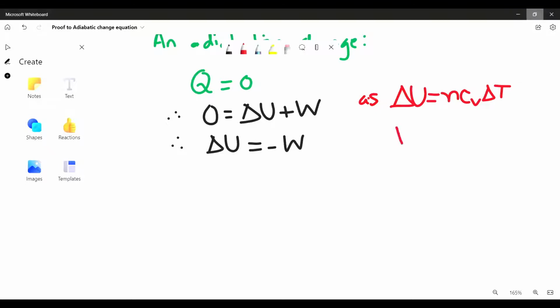And we know the work done is, of course, the integral of P dV, where this is, as we can see, the area under the graph of a PV diagram.